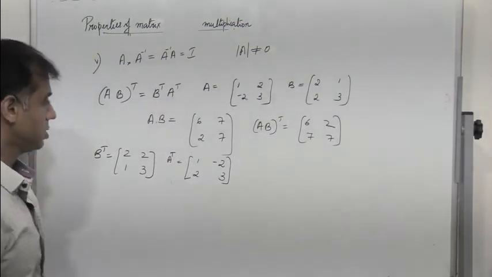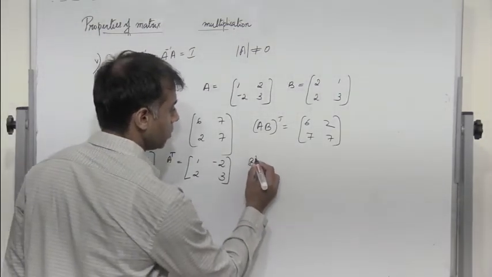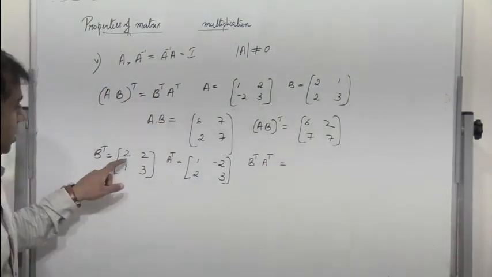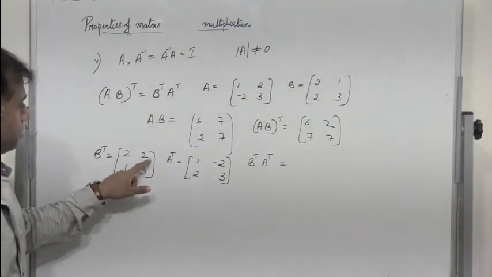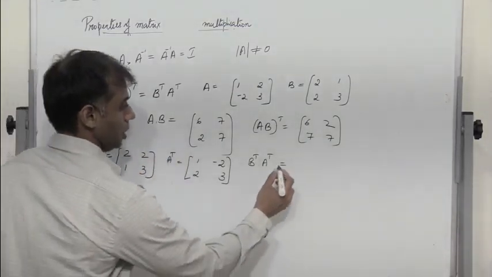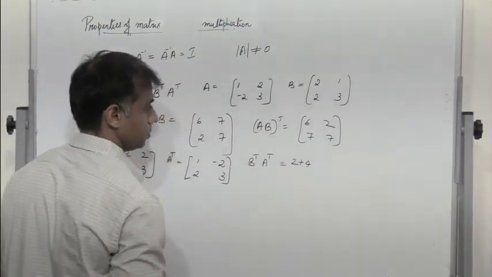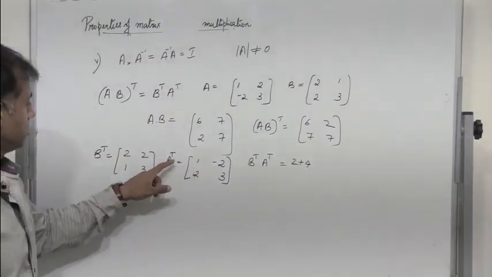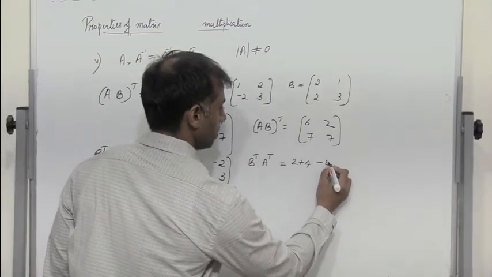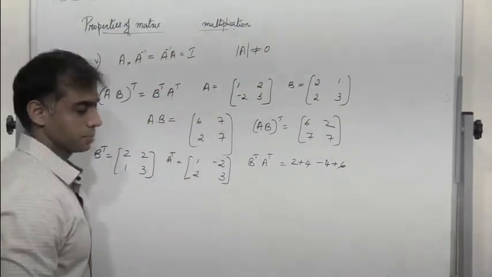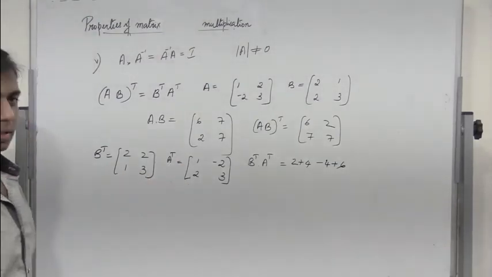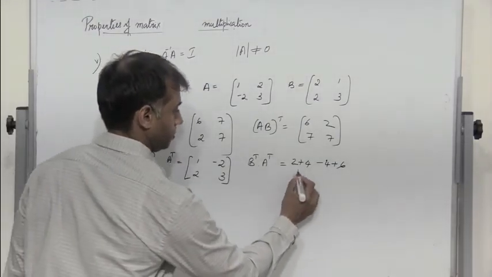Let us multiply these two matrices, B transpose into A transpose. So what does this give me? 2 into 2 plus 2 into 1 plus 2 into 2. So 2 plus 4. 2 into minus 2 is minus 4 plus 6. Next, the second row in first column, 1 into 1 plus 3 into 2.